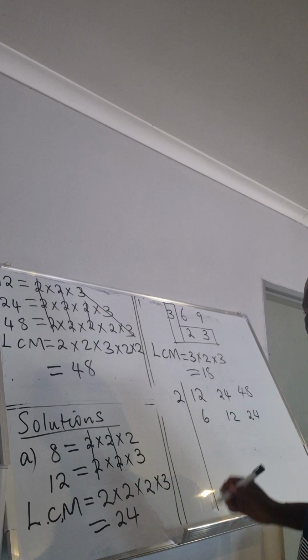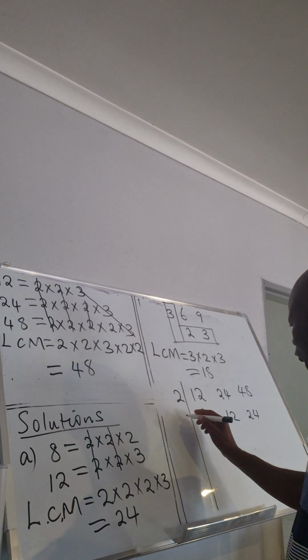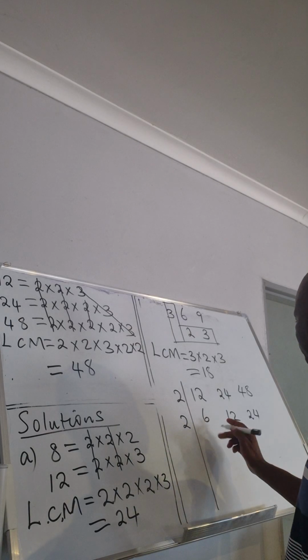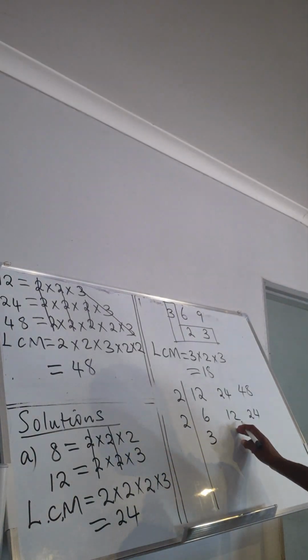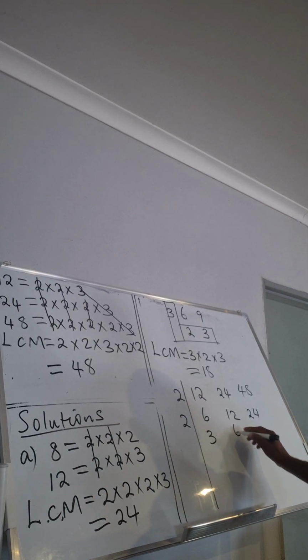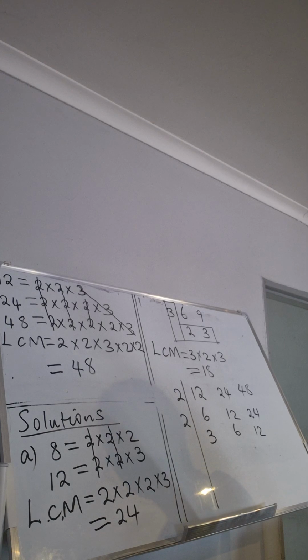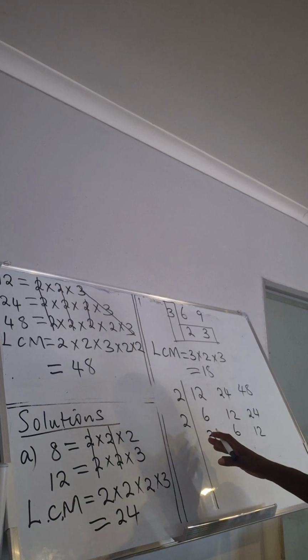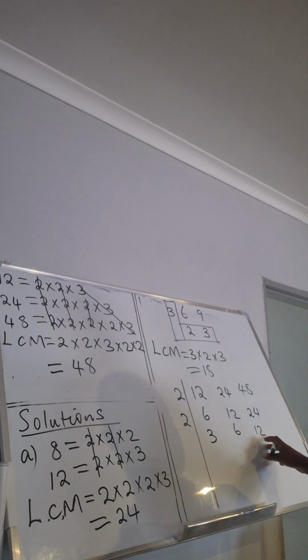Right? Then find another prime factor which divides 6, 12, and 24. We have a 2. 2 into 6, you get 3. 2 into 12, you get 6. 2 into 24, you get 12. Right. Now again find another prime factor that divides 3, 6, and 12.